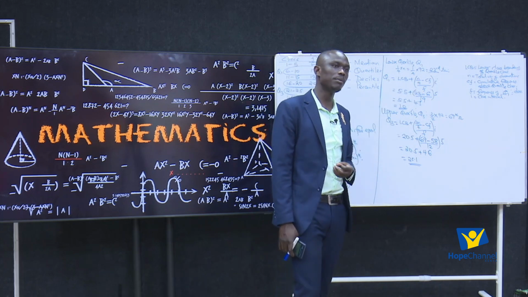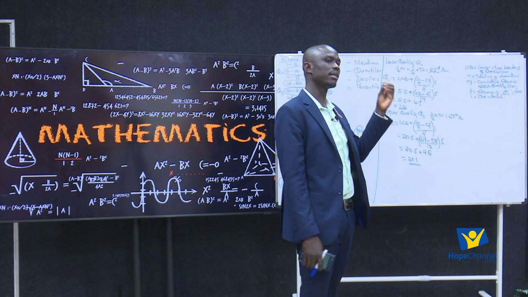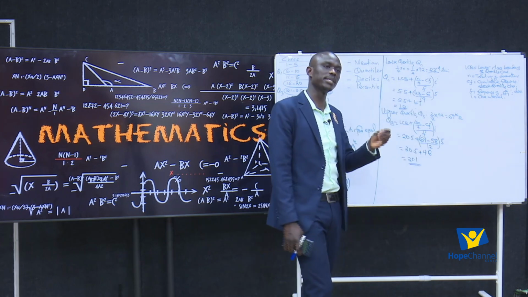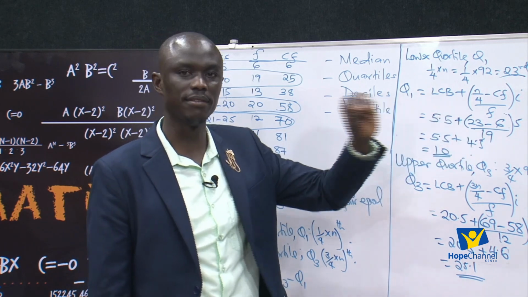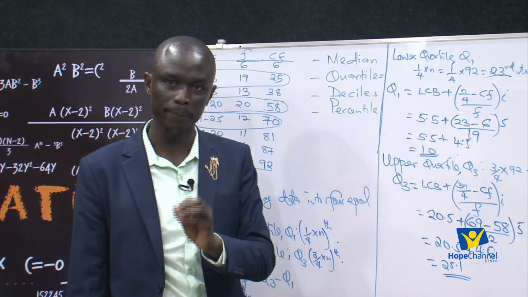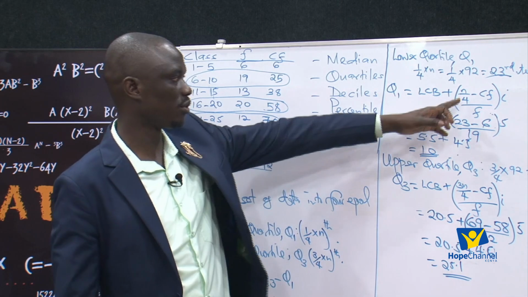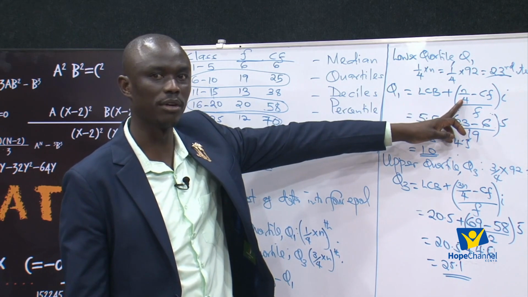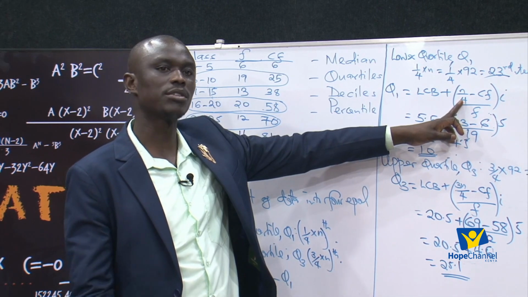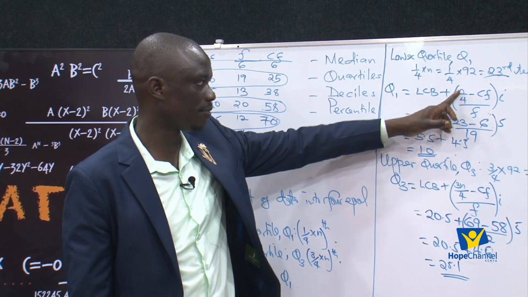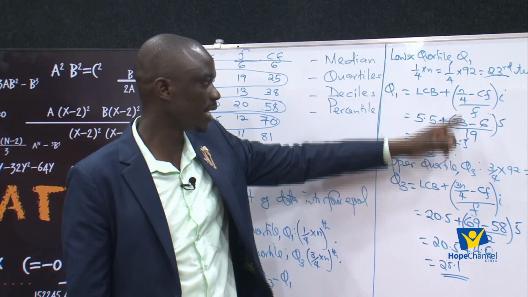So the same formula we use to calculate the deciles and the percentiles. Deciles divide a set of data into 10 equal parts, so here you just divide by 10. If somebody asks you for the 5th decile, it is now 5 over 10. That's the only thing that changes.